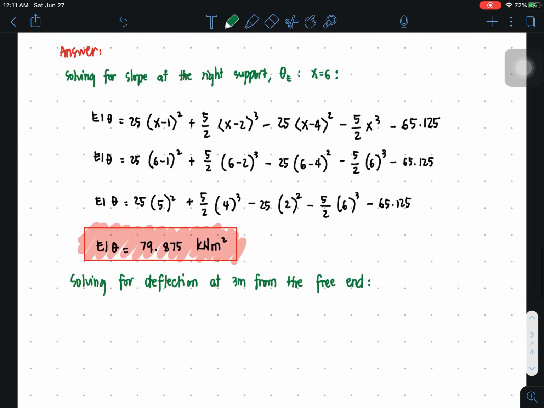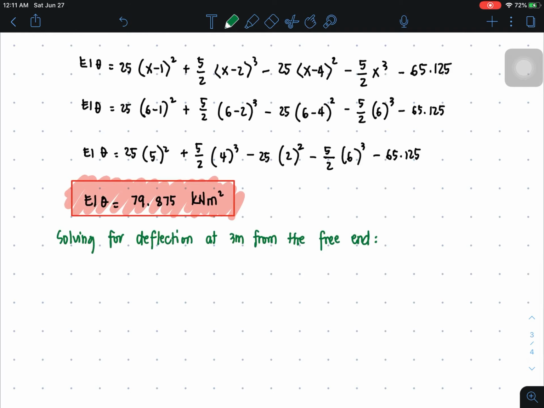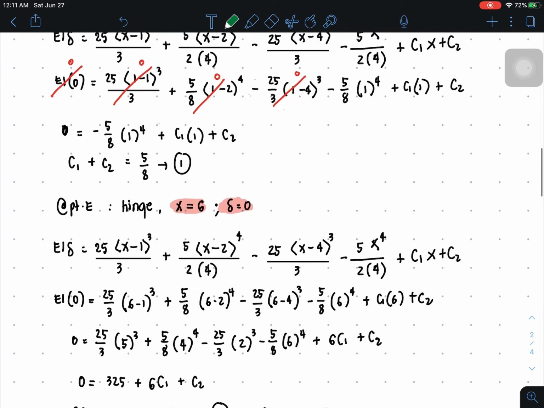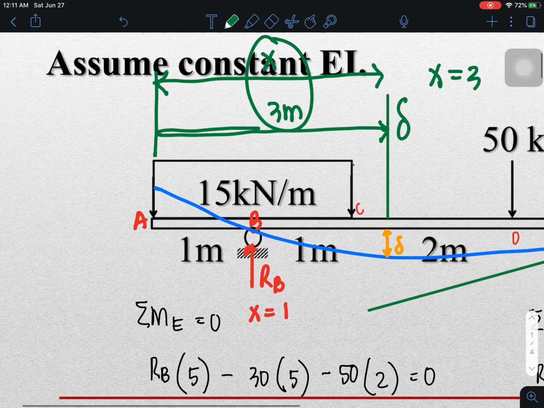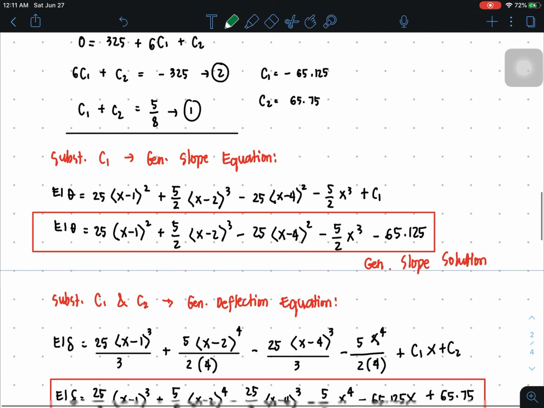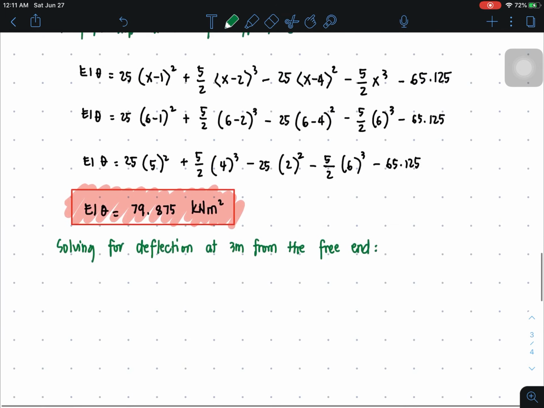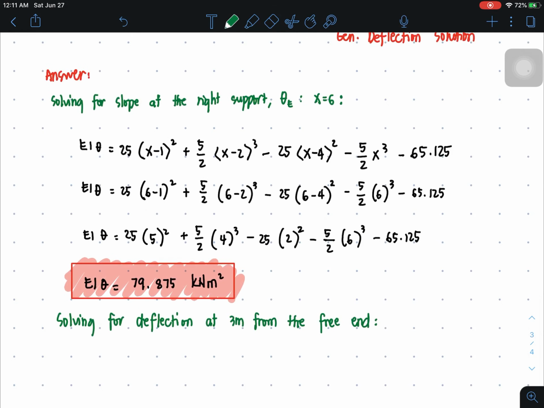I hope na clarify from the leftmost end or from the free end. By the way, free end ang atong giname ani because at this particular point wala man siya support, so it's free, diba? So free end. Okay, so solving for the deflection at 3 meters from the free end.